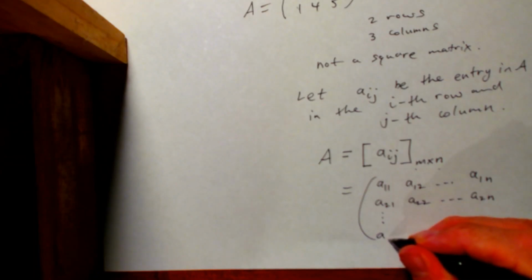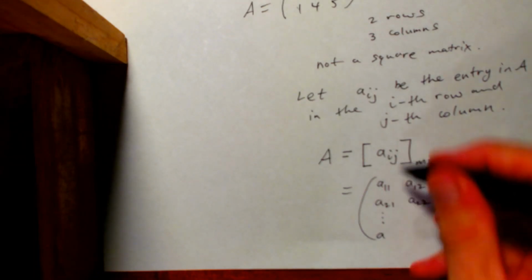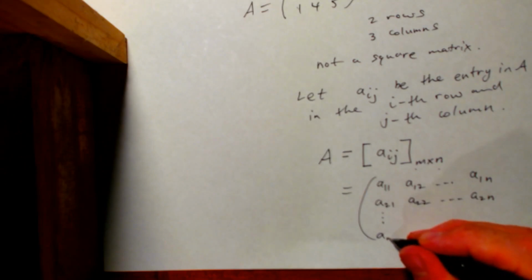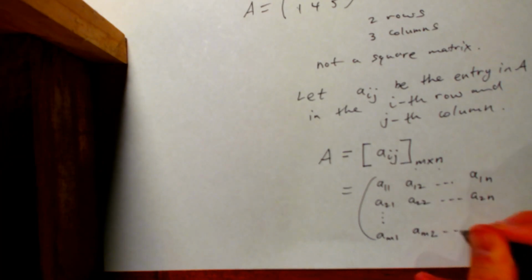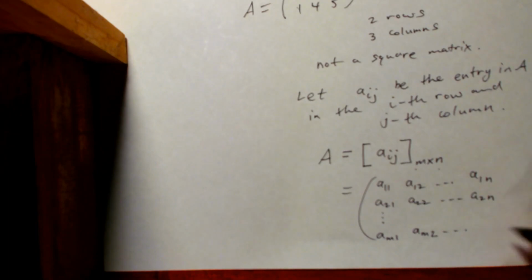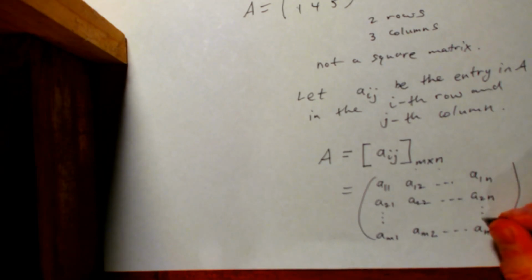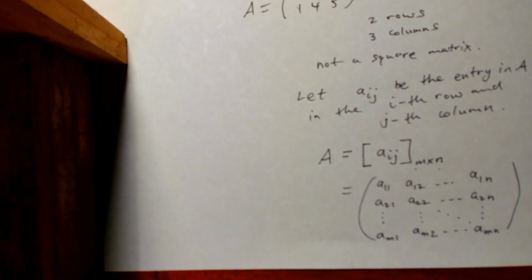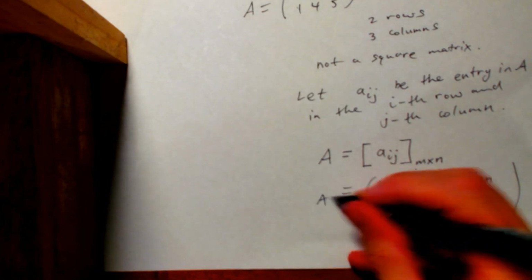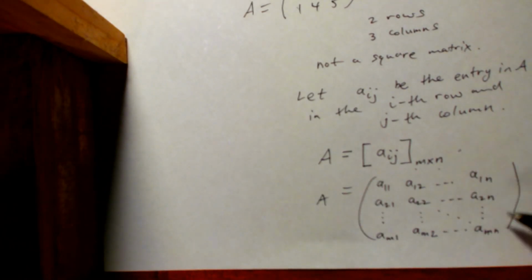The last entry in the first column would be Am1, and the last entry in the second column is Am2, dot, dot, dot. The last entry is Amn. So we can put vertical dots here and diagonal dots to say that it keeps going in this pattern, right? So this is the abbreviated way to write this.